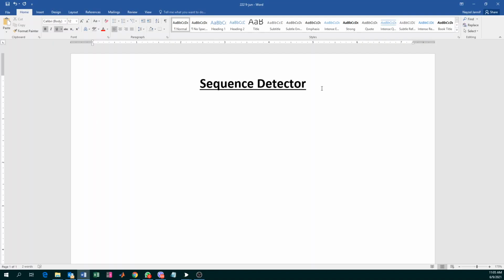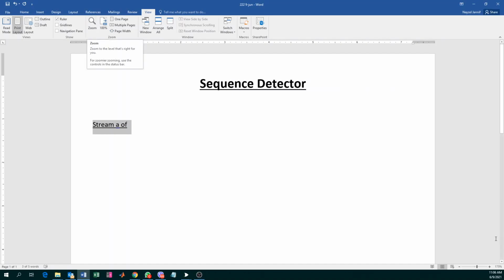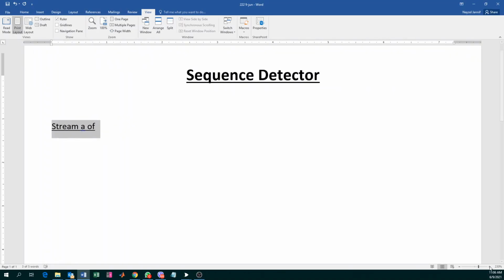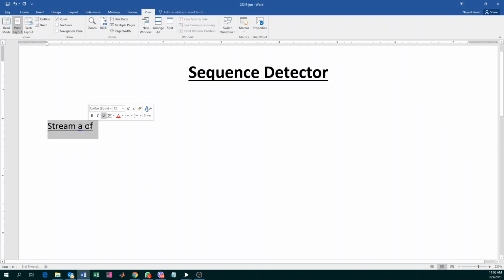So what is a sequence detector? Well, sometimes for security systems, or whenever you are transmitting a number of bits, a stream of bits, you have a stream of bits as such.